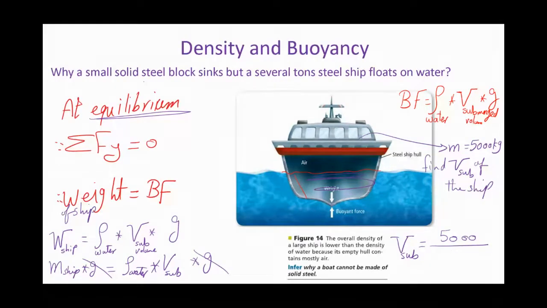Rho is the density; it is a Greek symbol. Which is 1,000 kilogram per cubic meter, and the result will be 5 cubic meters. So this is the volume of the submerged part of the ship, the part under the water. Guys, this is submerged.